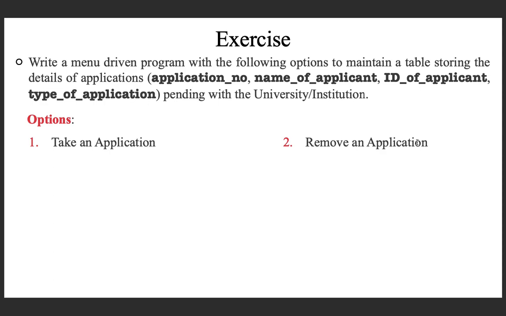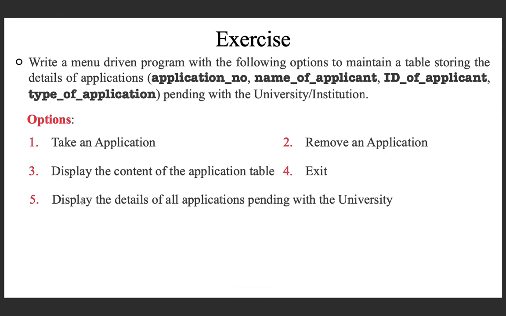Then you can remove that from the table because it's not going to be pending after the student gets it. Then the third option is to display the content of the application table. Just display that table. And option number 4 is for exiting from this application. So do it in a loop until the user gives this option. The user can continue exercising one of these options.